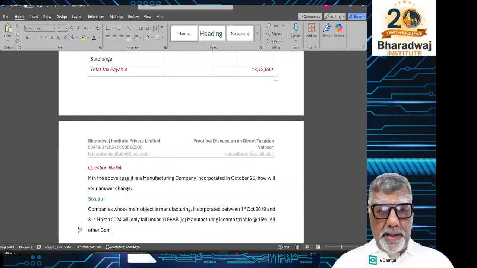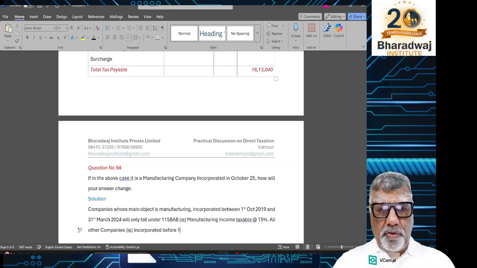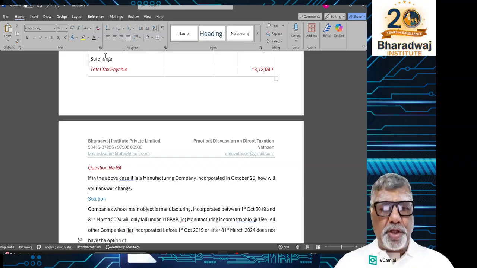All other companies incorporated before 1st October 2019 or after 31st March 2024 do not have the option of 115BAB.